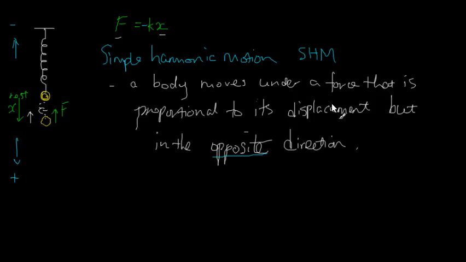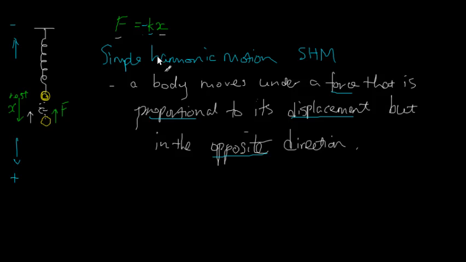If you look at it, it talks about displacement, which is x. It talks about force, which is F. It talks about proportional, which contributes the k, the constant number that multiplies x. And it talks about opposite, which gives the minus sign.